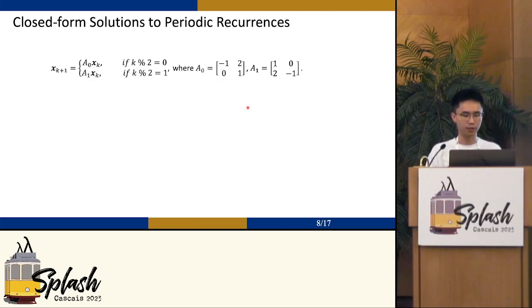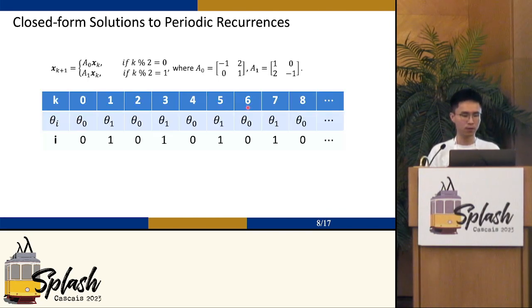To solve this example, let's first run it for several iterations. The first row of this table denotes the iterations of the loop or the recurrence. The second row denotes which condition is satisfied in the corresponding iteration. And the last row just records the index of the second row.